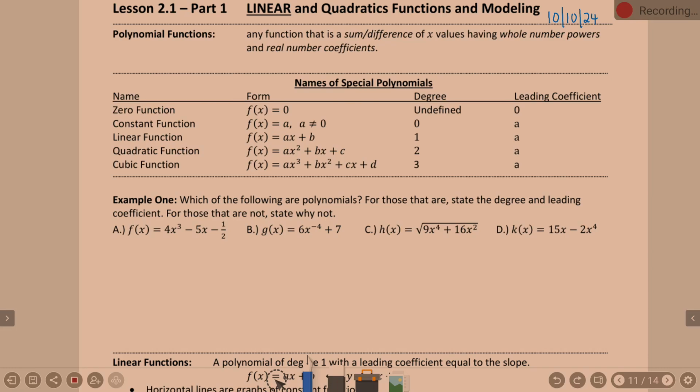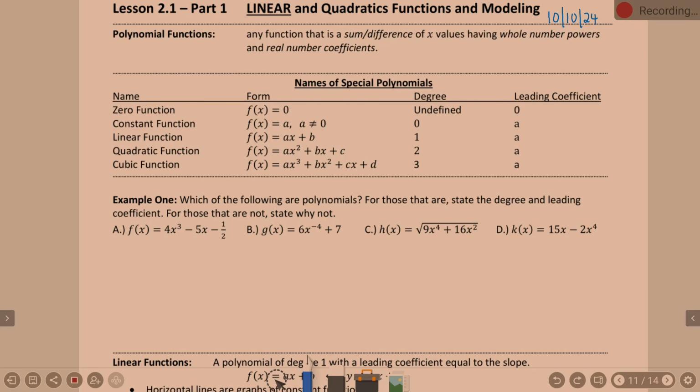With that in mind, we have some that have specific names. If I start down here at the bottom of this chart, a cubic function. If I talk about something that's a cubic function, hopefully in your mind that means the highest power in a cubic function is the power of 3, right? It's an x cubed.